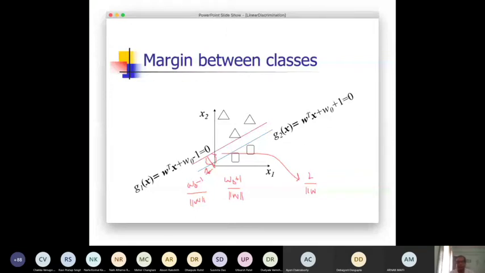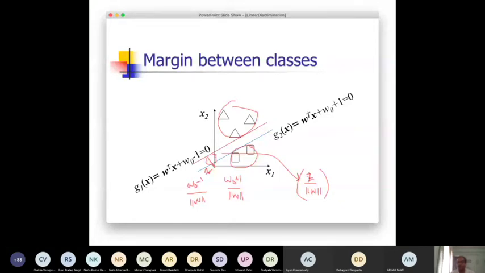So what is your objective? Your objective is to maximize this separation, subject to satisfying these constraints of placement of the objects.